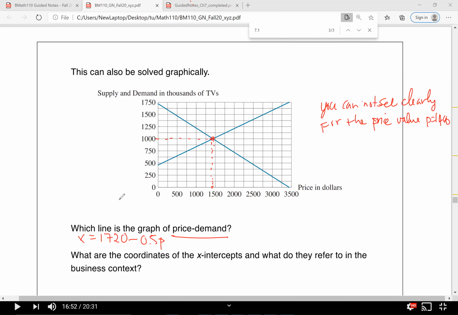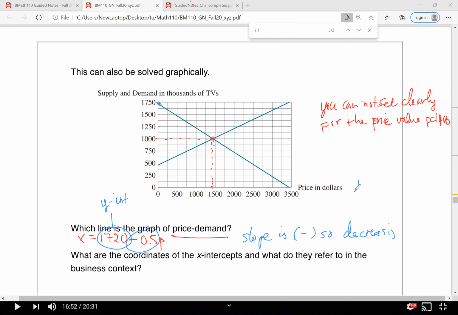So firstly, you need to notice that this 1720 is going to be the y-intercept. So it looks like this, and also the slope here is negative, so it's decreasing.